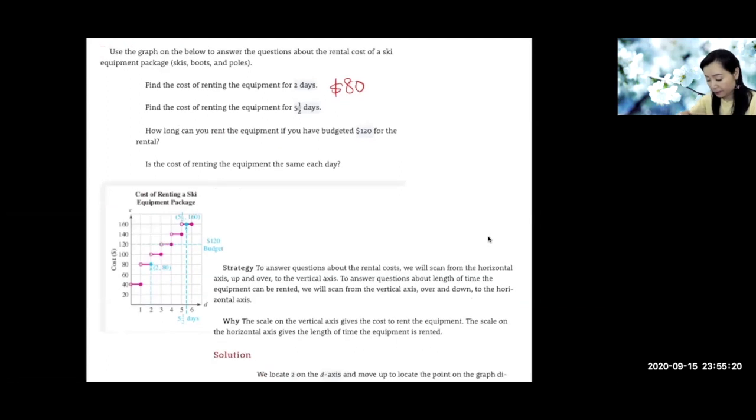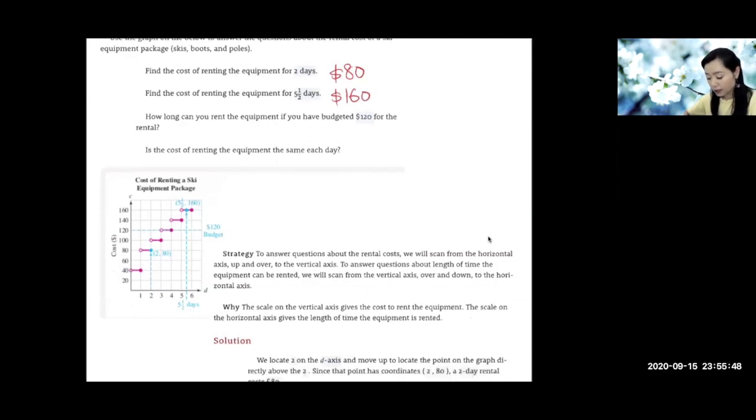So 5.5 is in the middle of 5 and 6. We go up and hit the graph over here, and then look to the side. The corresponding cost here is $160.